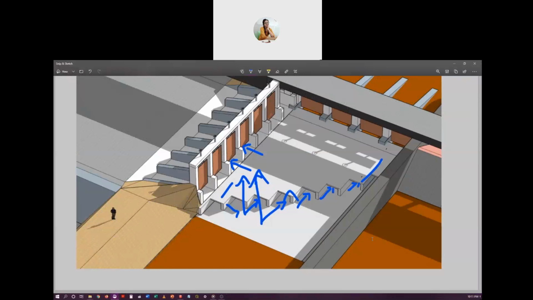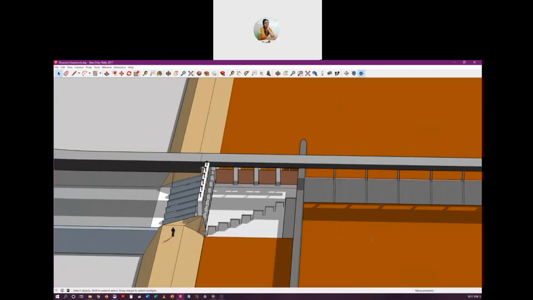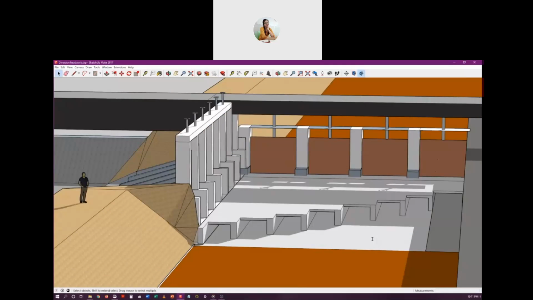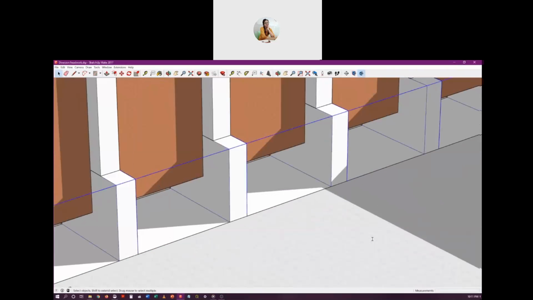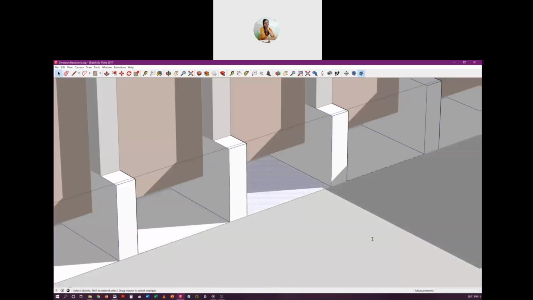Sometimes these tunnels may not be necessary if the natural riverbed is much below the sill level. Sill means this level, that is, the threshold of this head regulator is called the sill.